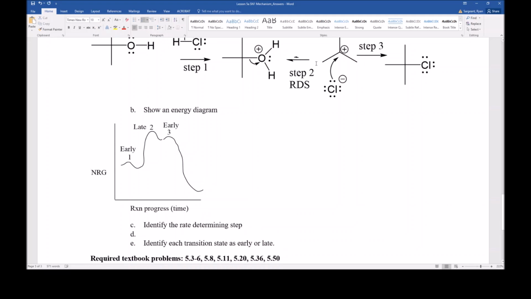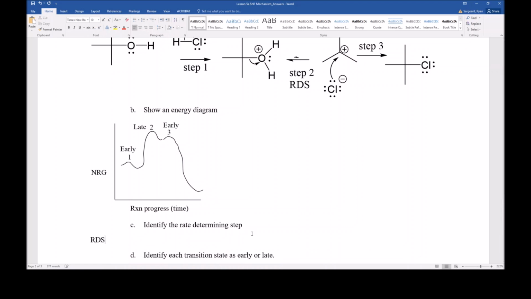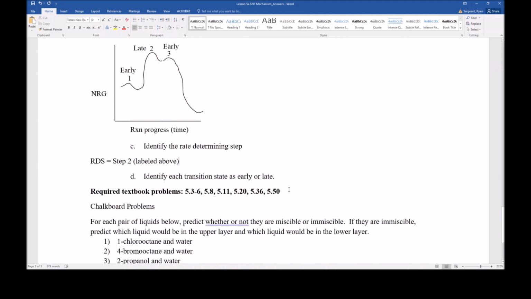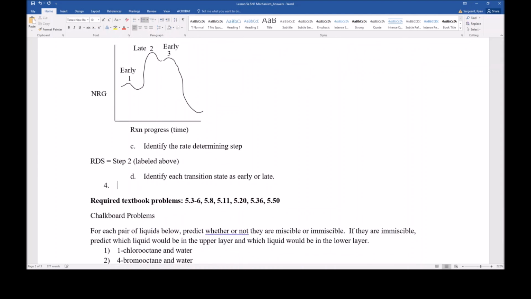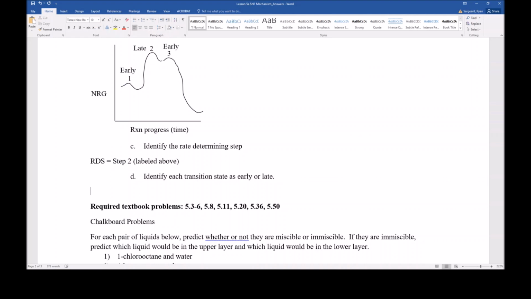So I have that rate determining step identified as step 2. So my RDS is equal to step 2, and it's labeled above. And then identify each transition state as early or late, and so that's shown above as well. So I've got all the information there built into the diagrams that I drew.